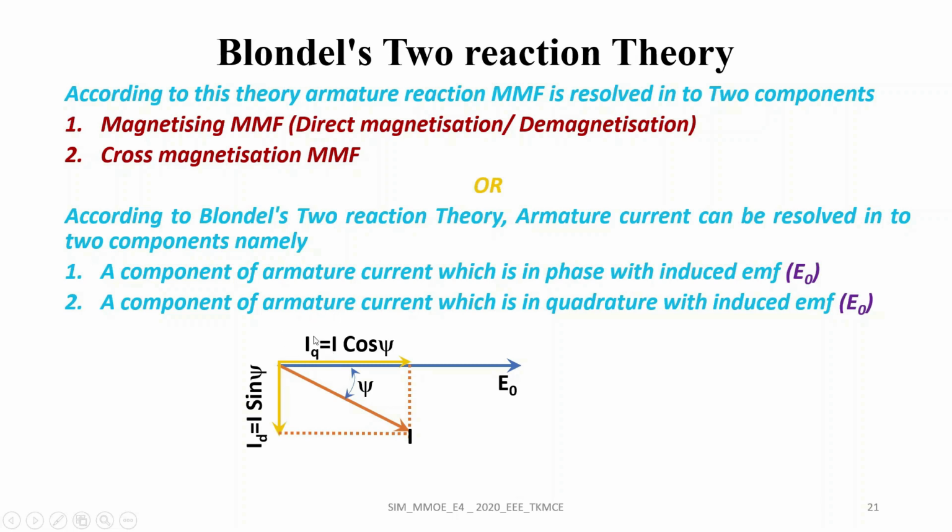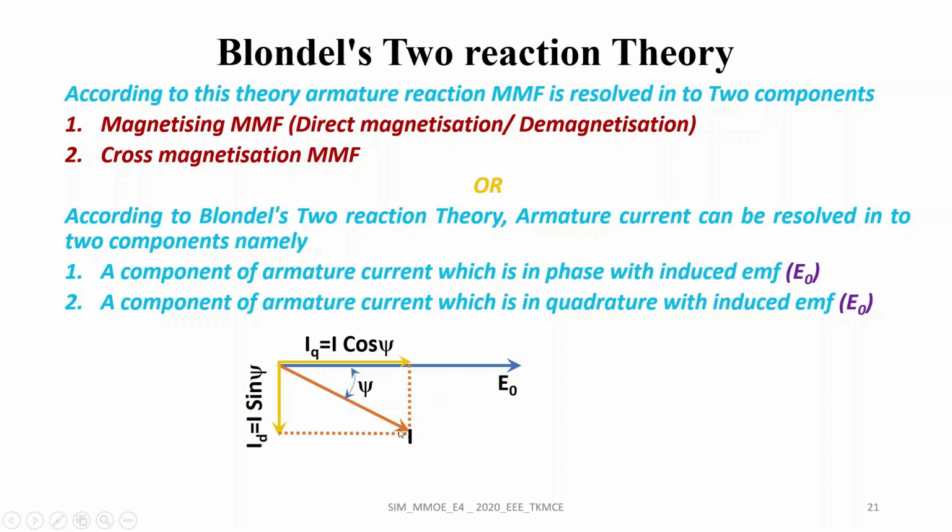Therefore, that component of current is represented by IQ. And another component is the component of armature current which is in quadrature with the induced EMF. This is the vertical component which is in quadrature with E0, and this component is in phase with the direct axis. Therefore, it is denoted by ID.